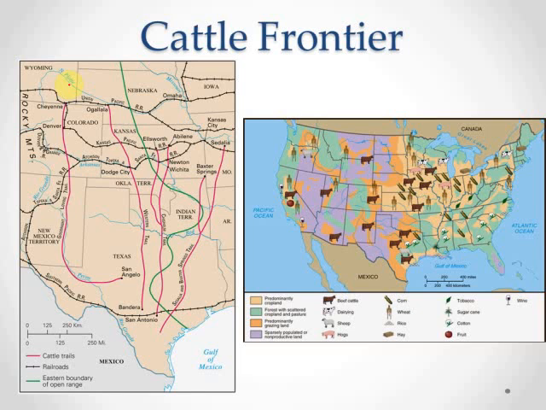Anyway, cattle frontier. Something you should know about cattle, something I learned about cattle, actually. Cattle are animals that look like this that you eat. Cows are for what? Milk. Yeah, I didn't know that.